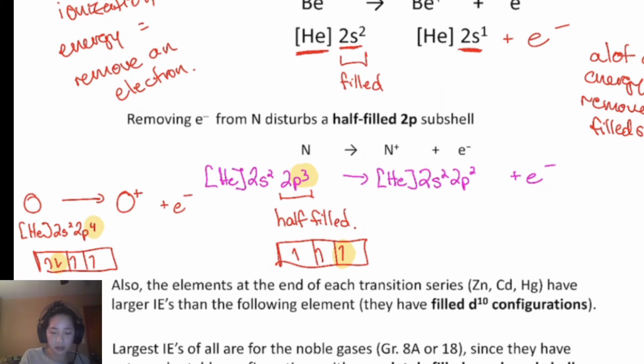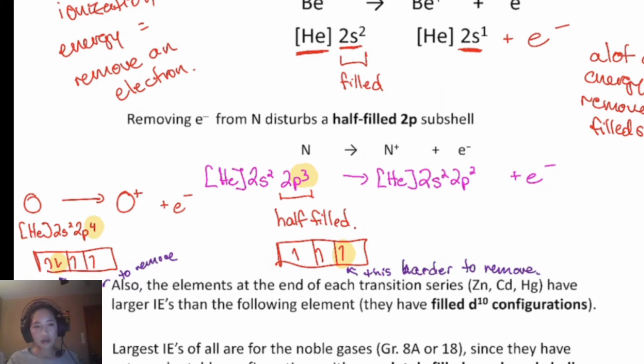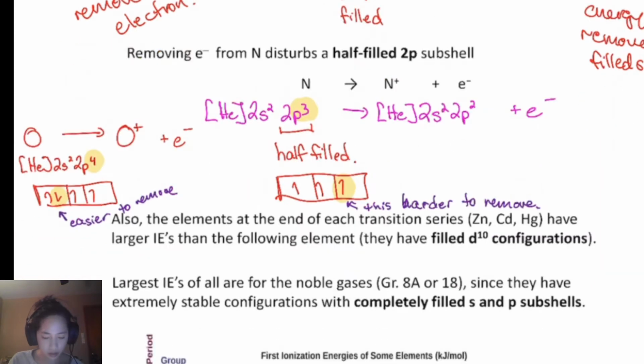This electron is easier to remove than this electron in the nitrogen half-filled example. This is harder to remove. So this brings us back to the stability of both filled orbitals and half-filled orbitals, and how that relates to ionization energy.